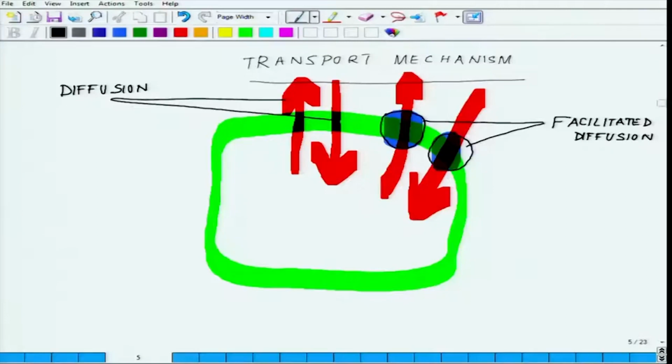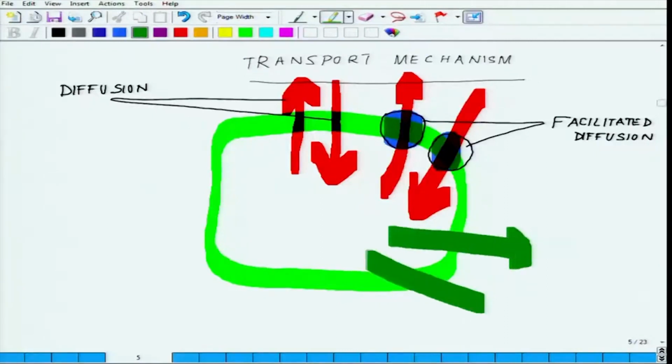Okay. Apart from it, you have the other process which is called filtration. Okay. So, this is showing the filtration. This is another transport phenomenon.